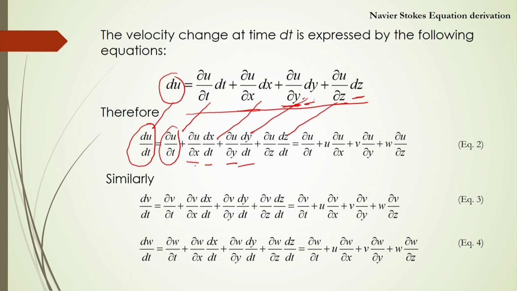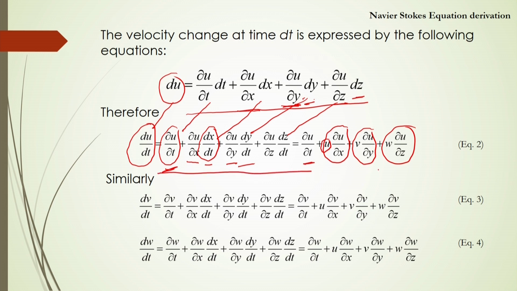Finally, you can represent it as ∂u/∂t, and in this case dx/dt is represented by u, that means the velocity of the fluid in the x direction. So, here u into ∂u/∂x, and this ∂u/∂x is the velocity gradient in the x direction. Similarly, it will be v into ∂u/∂y and w into ∂u/∂z.